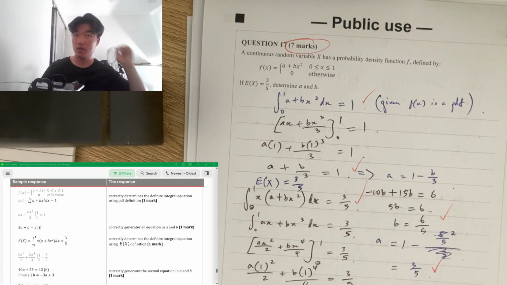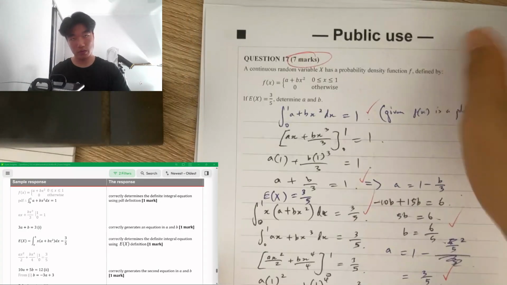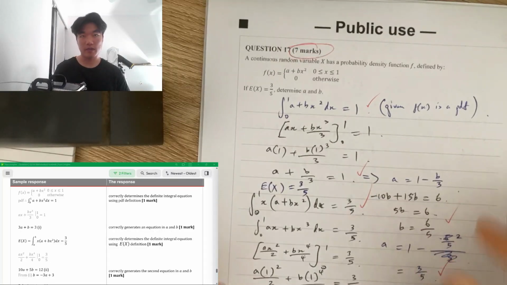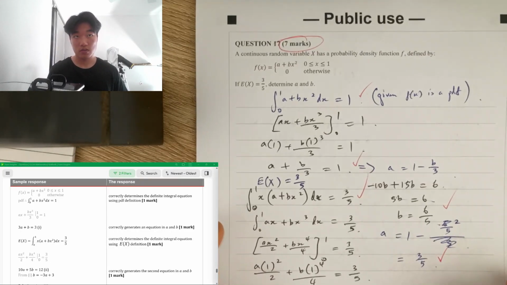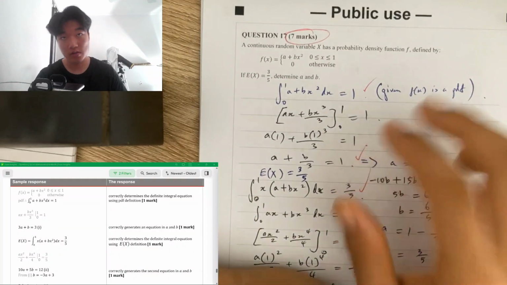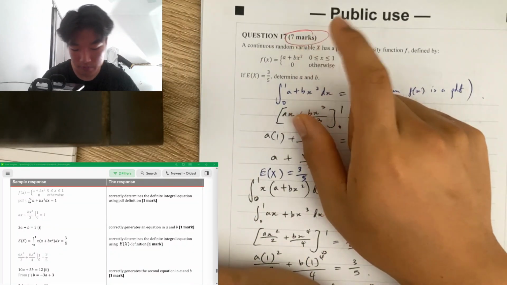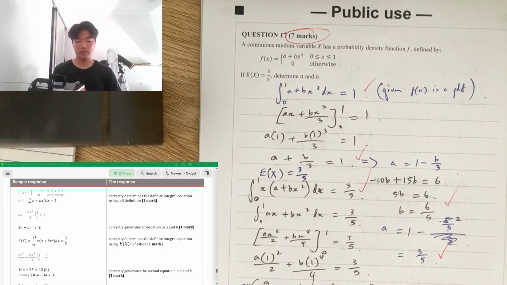Okay. This one is interesting because it's similar to the previous question. We were determining A and B, but this time that's the entire question. So it's 7 marks. That shouldn't deter you from attempting the question. It's not an overly complicated question. It just involves a lot of information and our understanding of the characteristics of probability density functions.